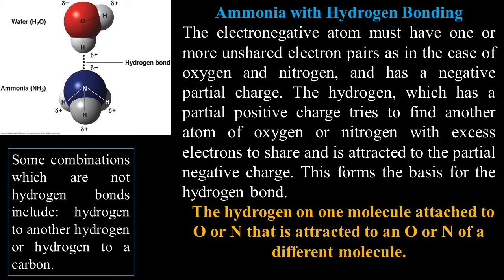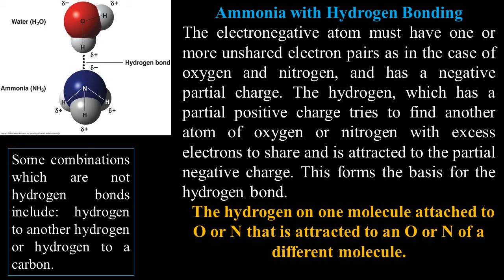The electronegative atom must have one or more unshared electron pairs, as in the case of oxygen and nitrogen, and has a negative partial charge. The hydrogen, which has a partial positive charge, tries to find another atom of oxygen or nitrogen with excess electrons to share and is attracted to the partial negative charge.